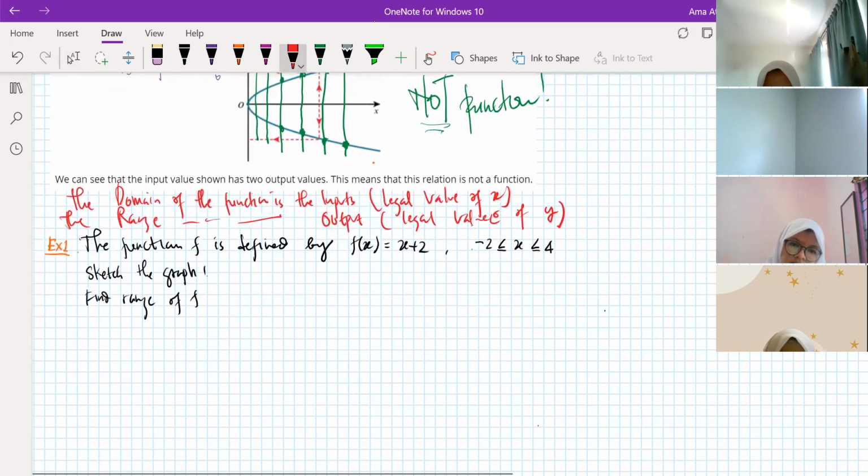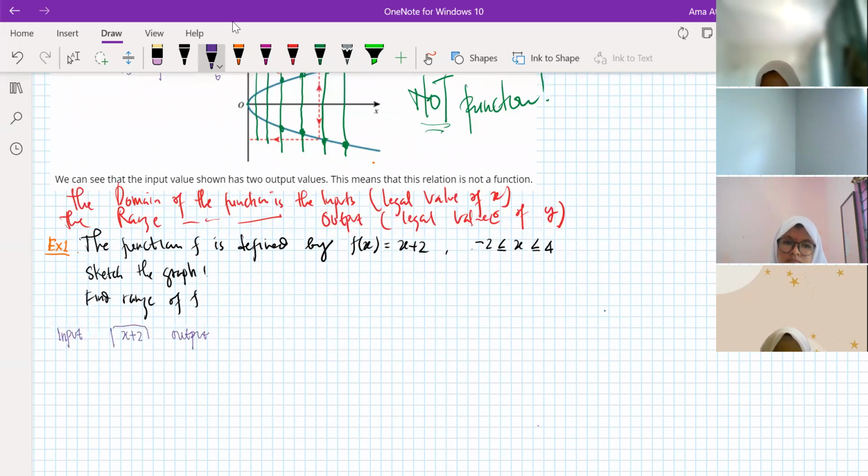The function f is defined by f(x) equals x plus 2. So now we sketch the graph. First of all, I need to find the inputs and then the outputs. The function here is x plus 2.